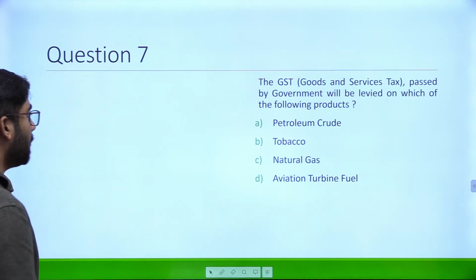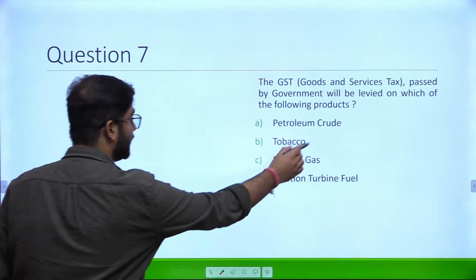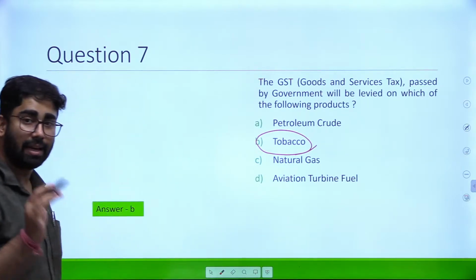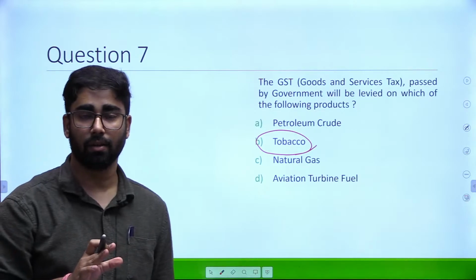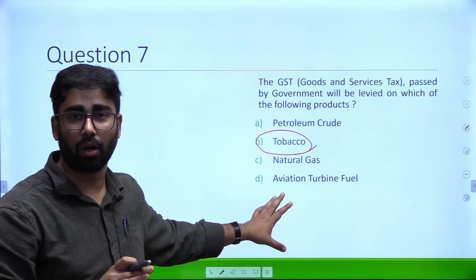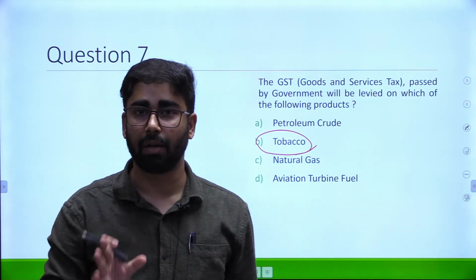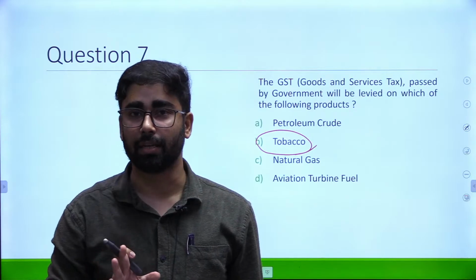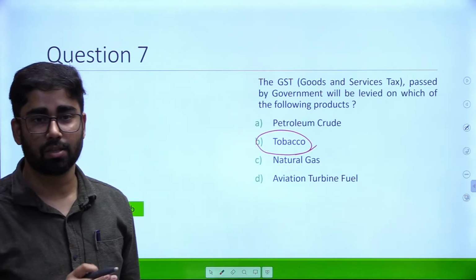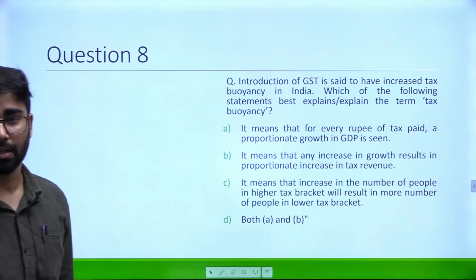The answer is B. Tobacco, on which the GST is levied. It comes under the regime of GST. For the rest of the 3 products, these petroleum products, GST can be levied after there is a decision by the GST Council. So right now GST is not levied on these petroleum products, and that is why B is the correct answer.